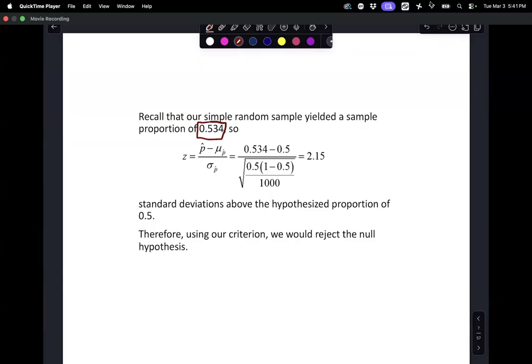That z-score of 2.15 is higher than the z-score of 2, which would be 2 standard deviations away from the mean. So since that z-score is farther away than the edge of my confidence interval, we would reject the null hypothesis. If the z-score for my sample is farther away than the critical value, which is based on my confidence level, then we would reject the null hypothesis.